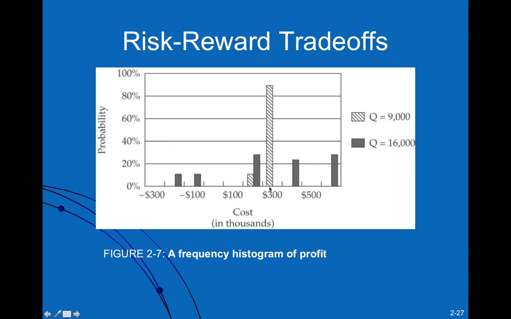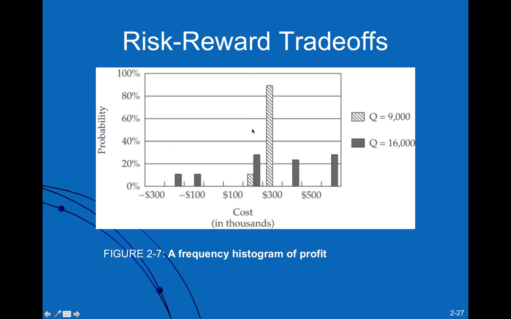What's interesting is that the largest profit you could make with an order of 9,000 units is really that $300,000 right here. But look at that, there is a possibility that you could make over $500,000 in profit if you ordered 16,000 units.